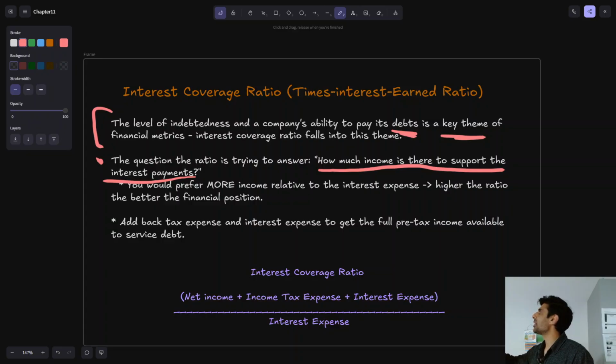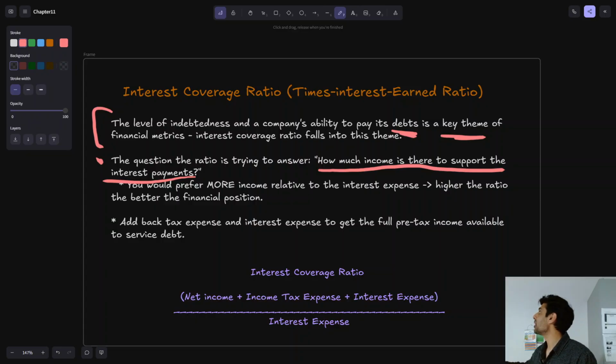Would you feel better about lending to someone who has $500,000 in earnings per year, or someone that earns $40,000 a year? Who is the better person that you're going to lend to, given that each have $10,000 in debt? It's obvious, right? Hopefully. Yes, the person who earns more, there's going to be more coverage of the debt, right?